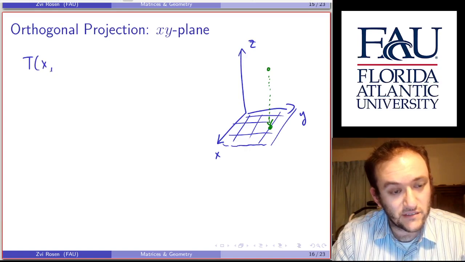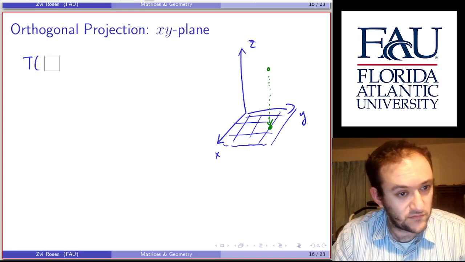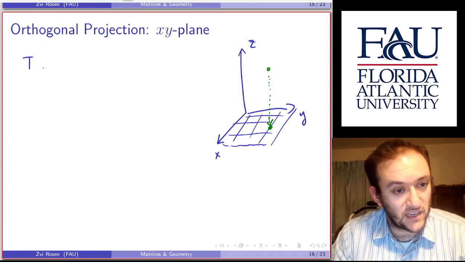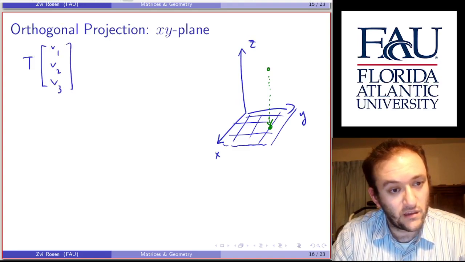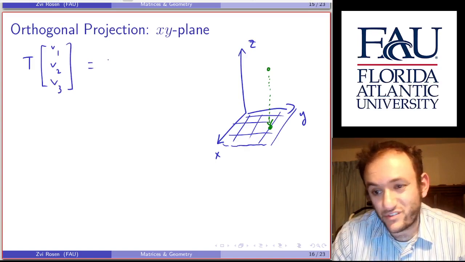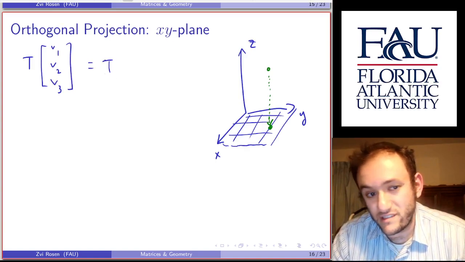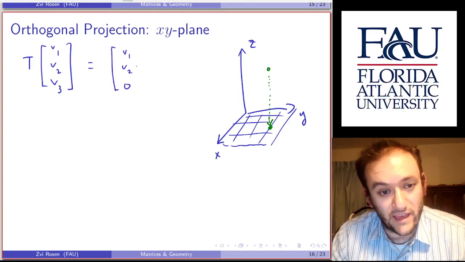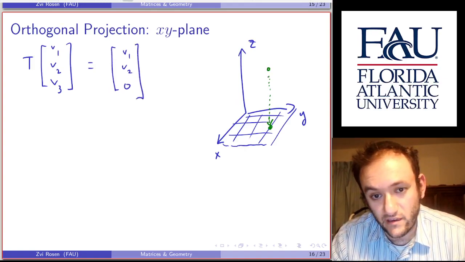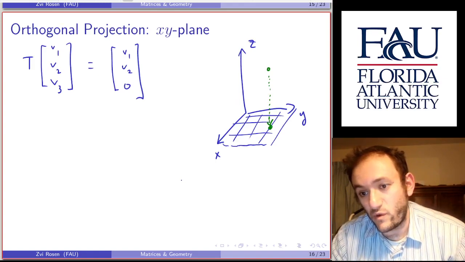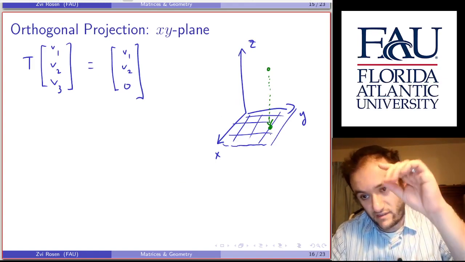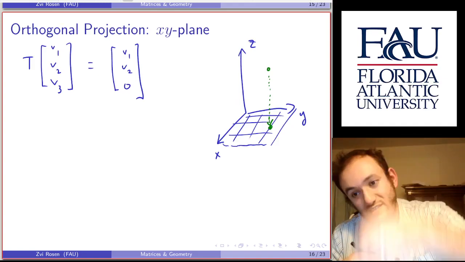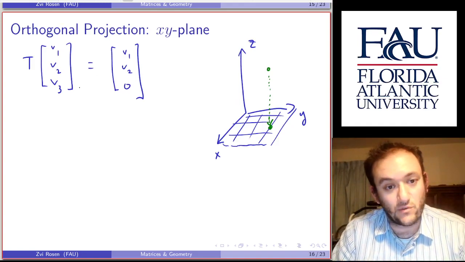T of a vector v1, v2, v3 returns the first two coordinates, and the last coordinate is 0, so it'll be v1, v2, and 0. Basically it fixes its position in xy coordinates, but sends it down to the xy plane by sending the z coordinate to 0.